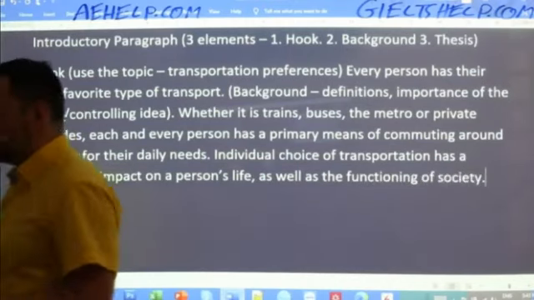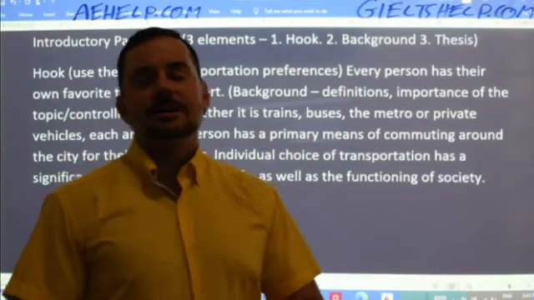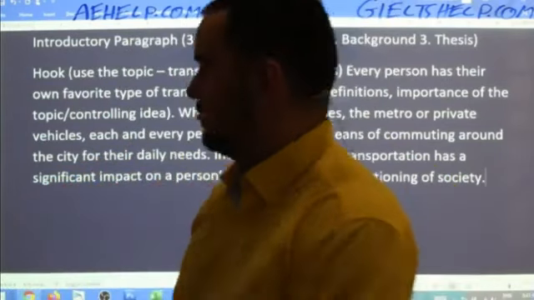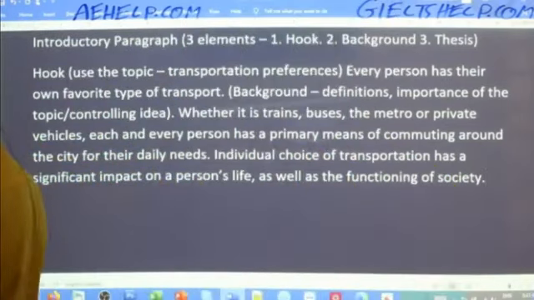How many roads we build, how many public transportation methods we build, all of that is interconnected with our preferences in travel, right? And now comes the thesis.